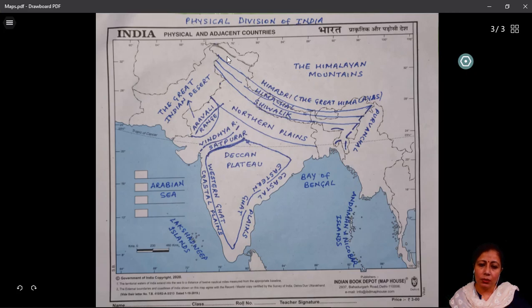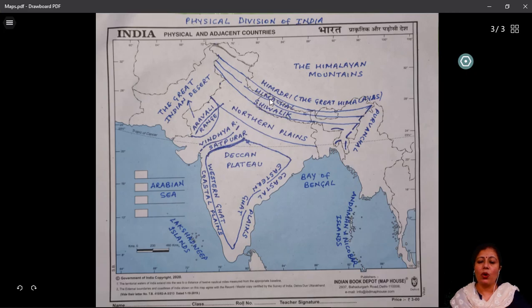The northern part of India is covered by a huge mountain range, and that is called the Himalayan mountains. These Himalayan mountains are divided into 3 ranges. First, the northernmost range of the Himalayas is called Himadri, also called the Great Himalayas.